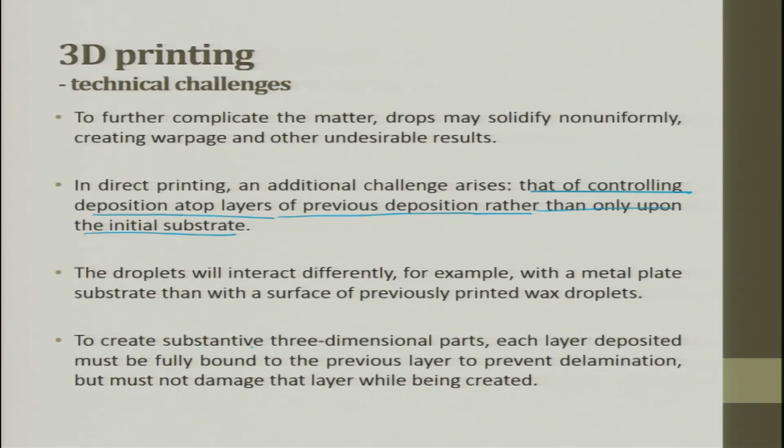To create substantive three-dimensional parts, each layer deposited must be fully bound to the previous layer to prevent delamination, but must not damage the layer while being created. So, this is also a major challenge. While creating a 3D part, each layer deposit must be fully bonded to the previous layer to prevent delamination. So, as we told, this is delamination.